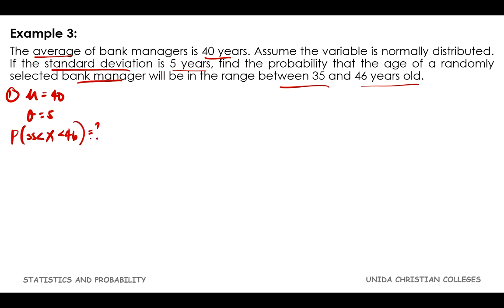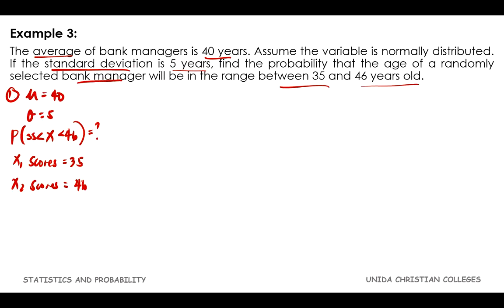Okay po. So, dalawa. So, we have 2 x scores. So, x sub 1 is equal to 35. X sub 2 is equal to 46. Okay? So, wala namang kaso kung sino yung mauuna sa kanila, class.